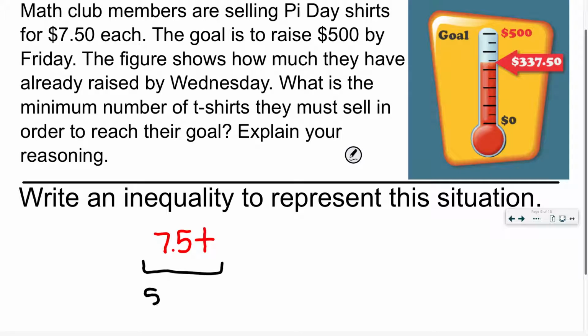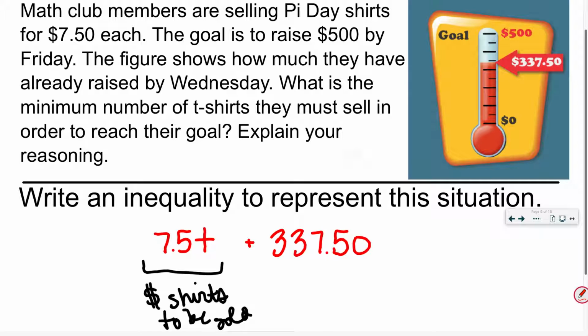The total money for the shirts to be sold. I'm going to put "to be sold." Okay. Then what? And then we can add on the 337.50. The total, how much you have now?